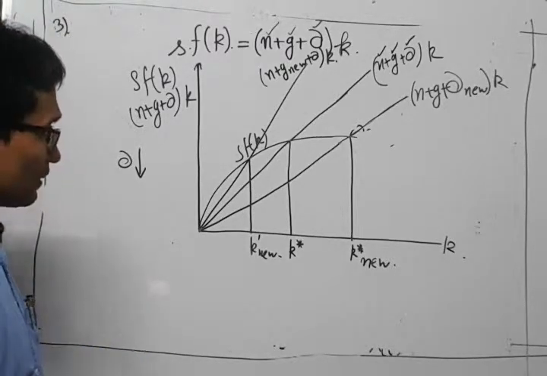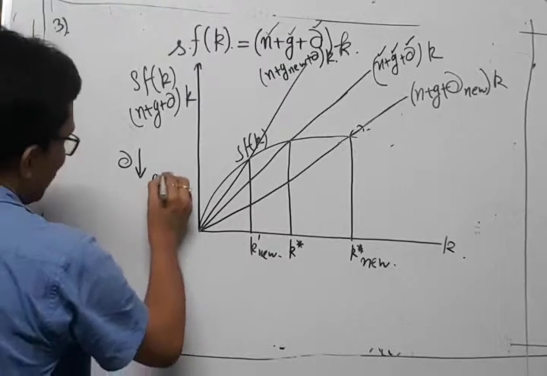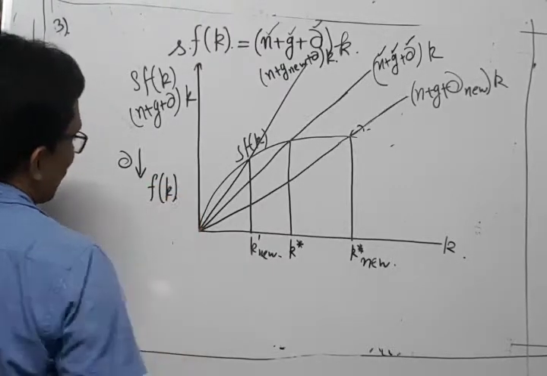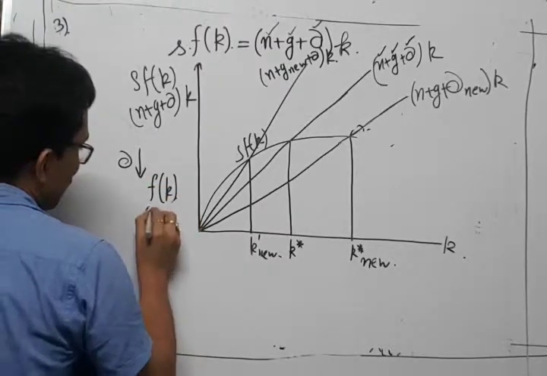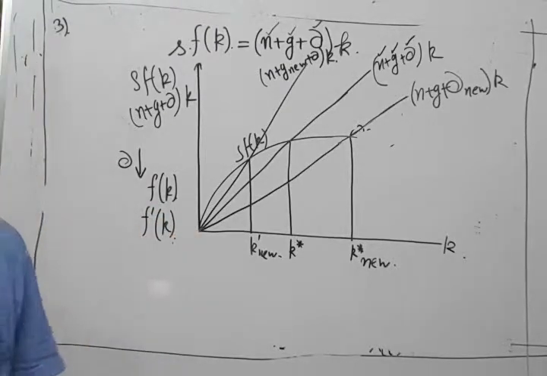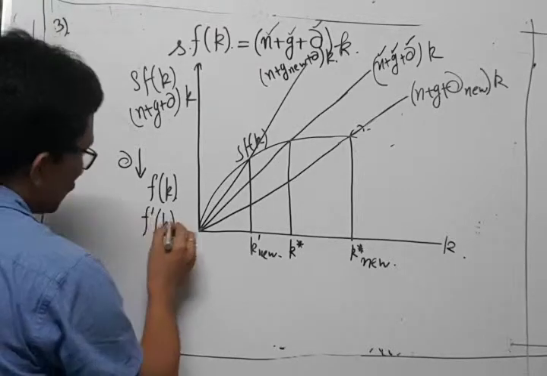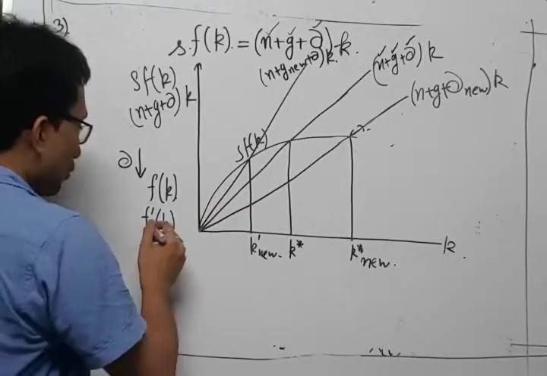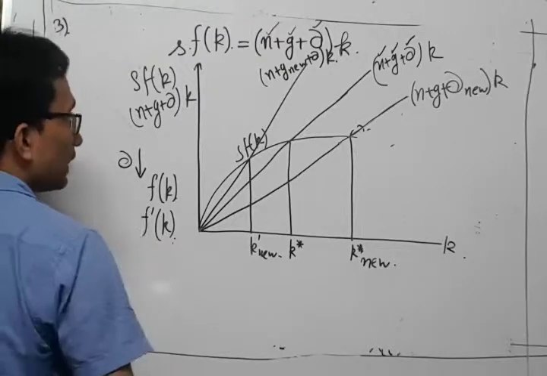So the logic is this. f(k) is the production function, and its first derivative with respect to k is the marginal product of capital per unit of effective labor. As you keep on increasing k, this marginal product keeps on falling, but at lower levels of k it is quite high.